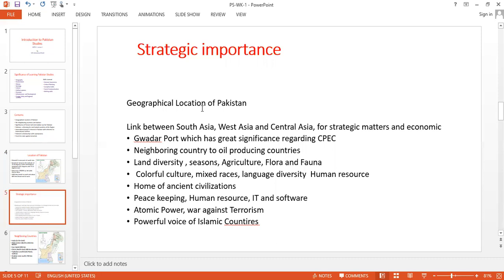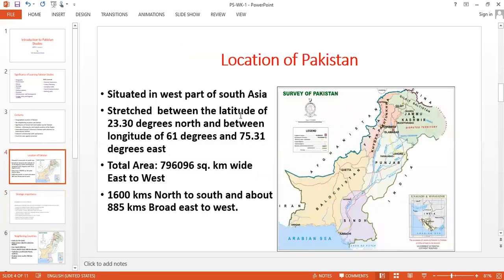If we once again have a look at the previous slide, Pakistan is situated on the Eurasian plate, the land stretch which divides the bigger areas or portions of land. Pakistan is on the Eurasian plate.